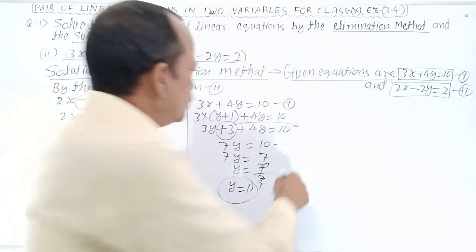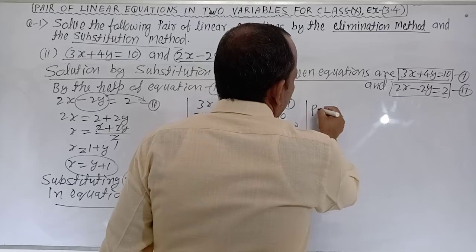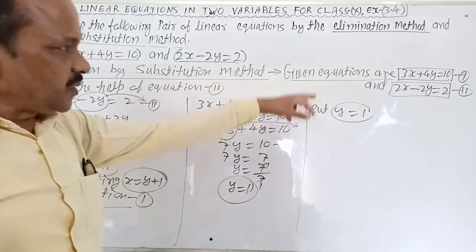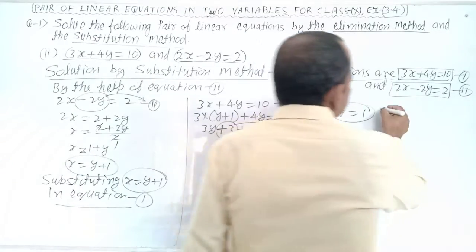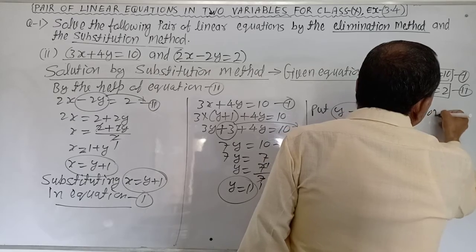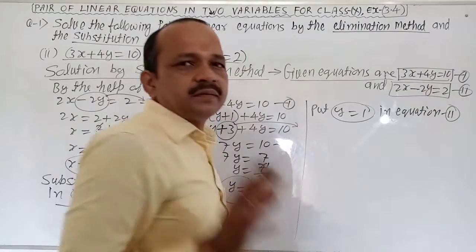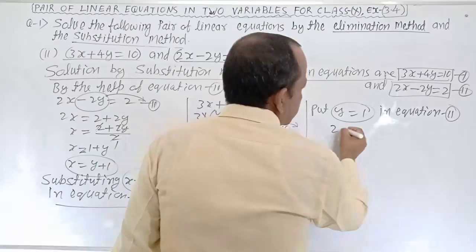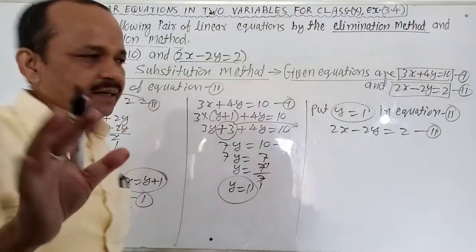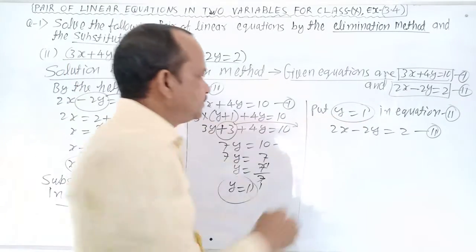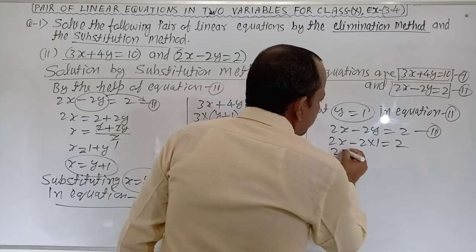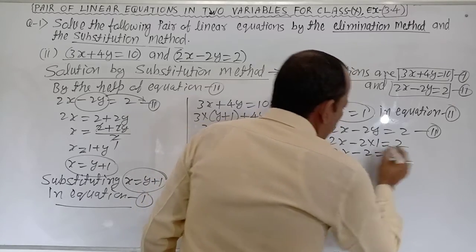Very good. Now put y equal to 1 in equation second. Equation second is 2x minus 2y equal to 2. Y equal to 1. 2x minus 2 multiply 1 equal to 2. 2x minus 2 equal to 2.